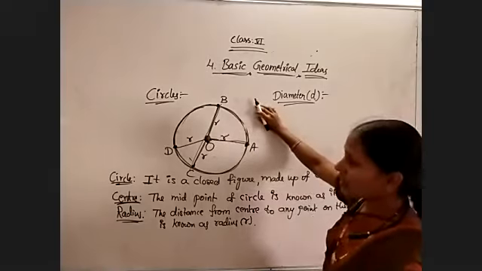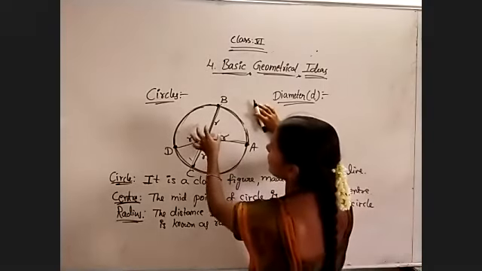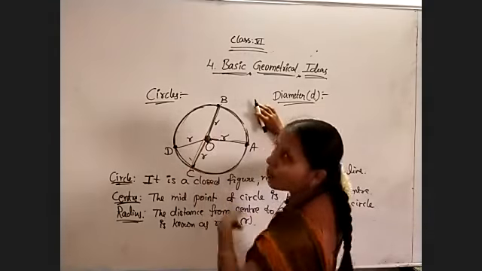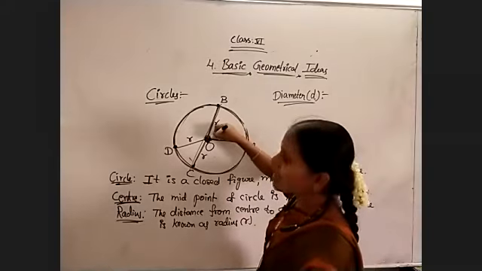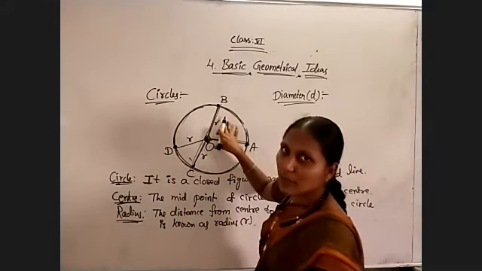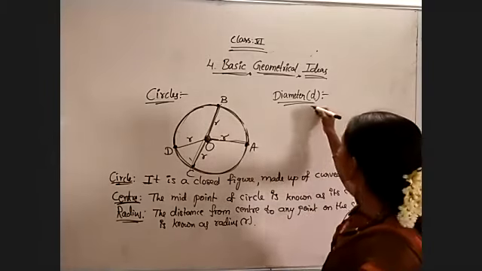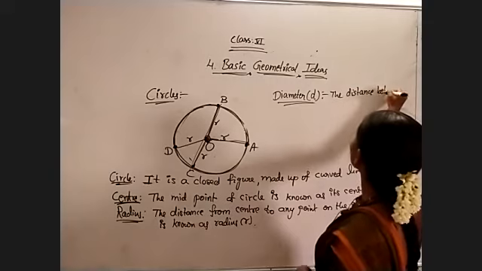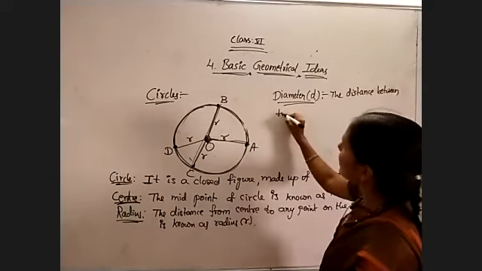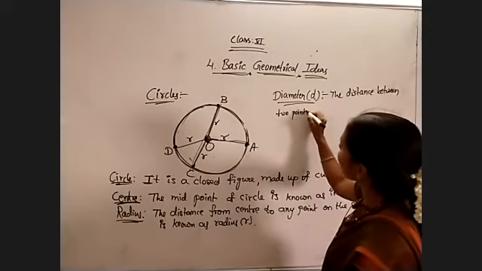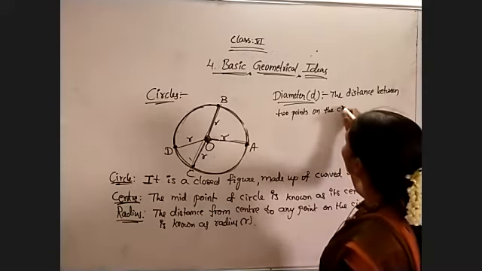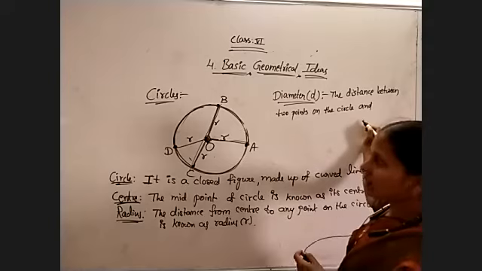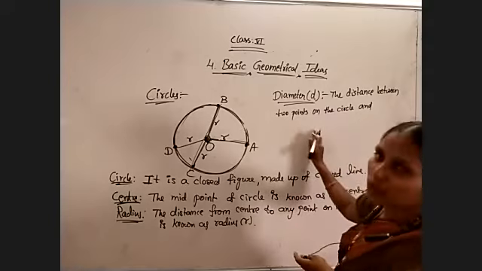So the definition is given by the distance between two points on the circle, where the line segment compulsorily passes through the center.